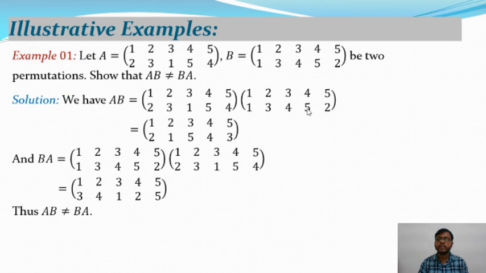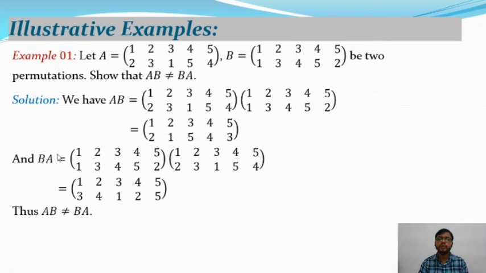So from this we get, in the first row, 5 goes to 4. So this implies 4 goes to 4. And again, this is the last element, that means 5 goes to 2, it implies 2 goes to 3. So that means from this we get 5 goes to 3. So this is the product of two permutations.